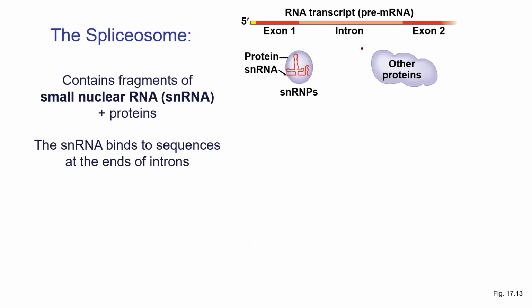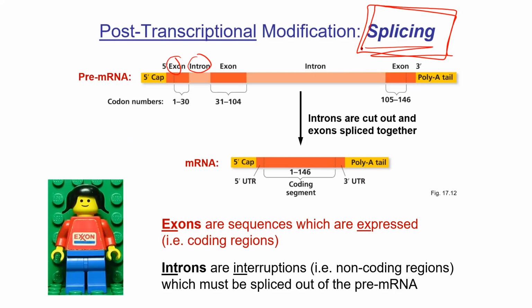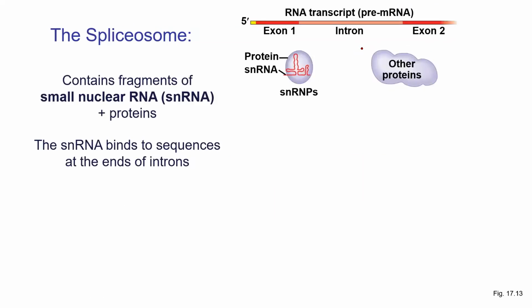I want to go through this process a little bit and then talk about why we might do splicing. Because if you take a look at this, it just seems ridiculous. Why are we wasting all of that RNA? It turns out that we do have some answers, maybe not all the answers for this process. But let's take a look at the splicing process here. Splicing is done by a spliceosome, which is a big complex made of proteins and RNA.